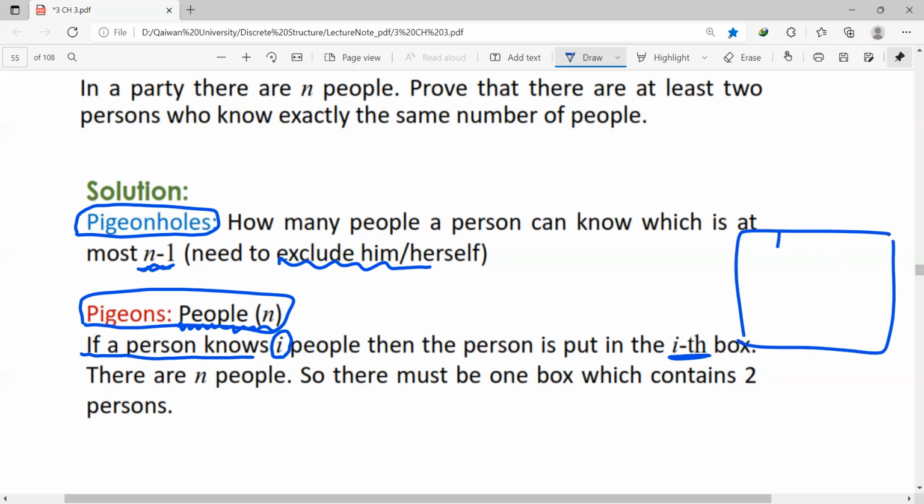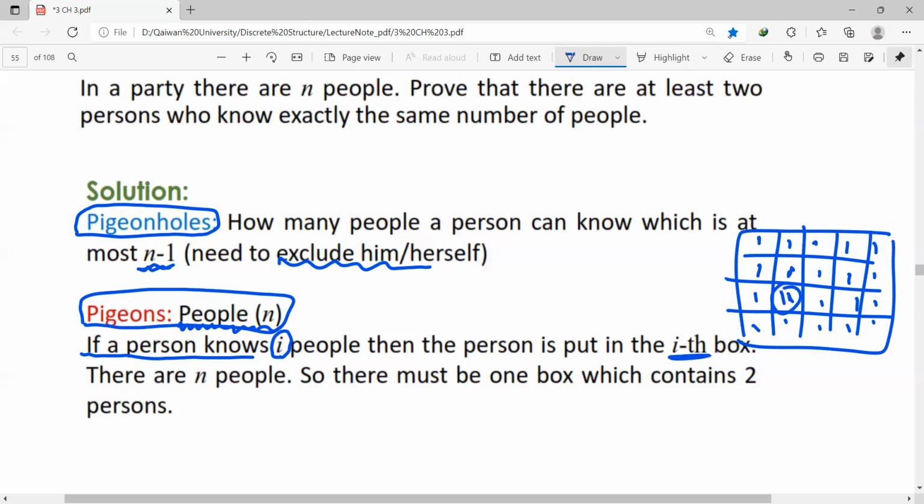Even though there may be more than one person in each of them, if a person knows I people, then this person should be put in box I, let's say here.